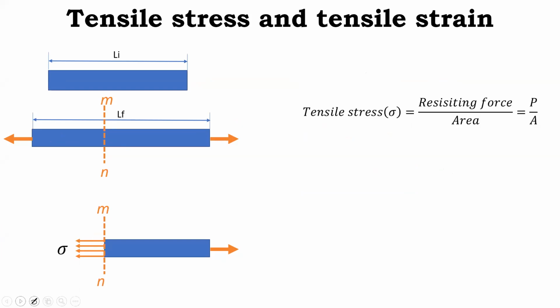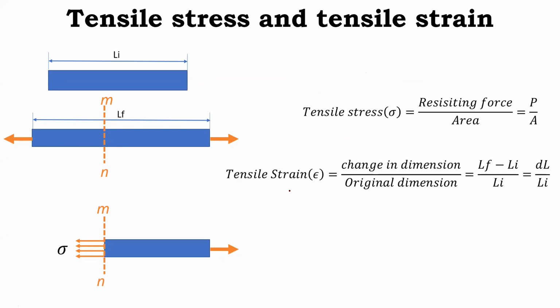So when we do this, we get tensile stress because we are dealing with the tension force. We call this stress a tensile stress, which is equal to resisting force divided by area, which is equal to P upon A or R upon A. So we have done this calculation also. Next, tensile strain, which is represented by the symbol epsilon. Tensile strain is equal to change in some dimension divided by original dimension.